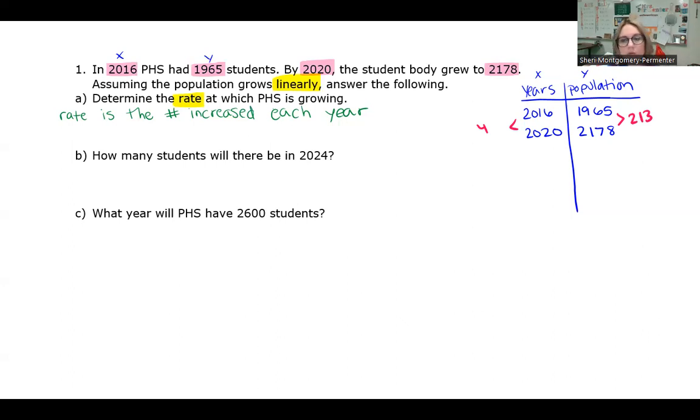To figure that out, we're going to take the population and divide by that change. So we're going to take 213 and divide it by 4.